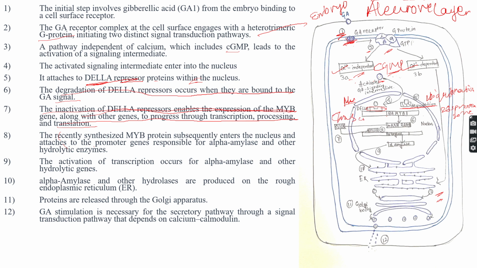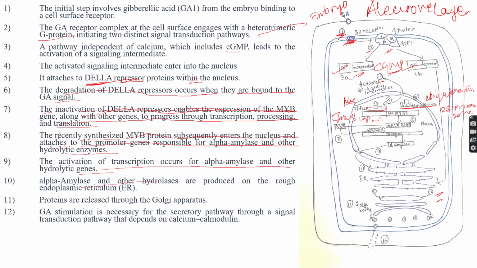Basically, this transcription factor will attach to the promoter region of alpha amylase, which will express the gene of alpha amylase. The recently synthesized MYB protein subsequently enters into the nucleus and attaches to the promoter of the gene responsible for alpha amylase and other hydrolytic enzymes. The activation of transcription occurs for alpha amylase and other hydrolytic enzymes.